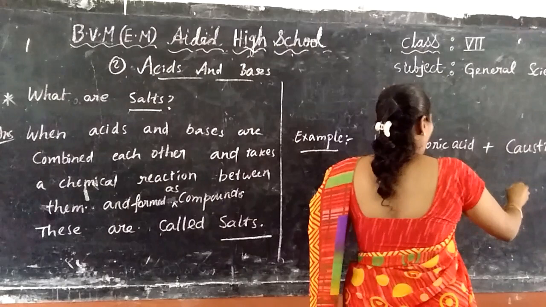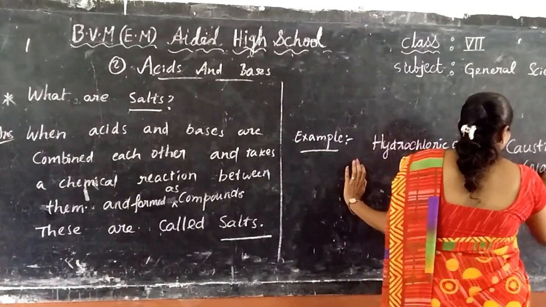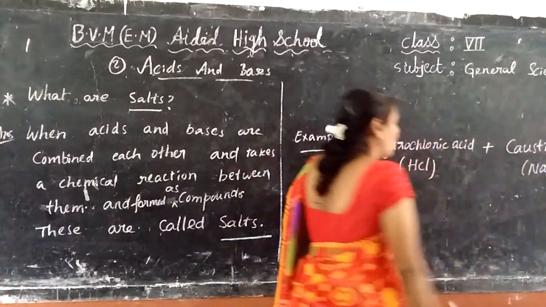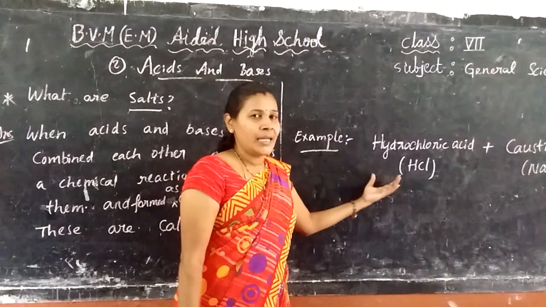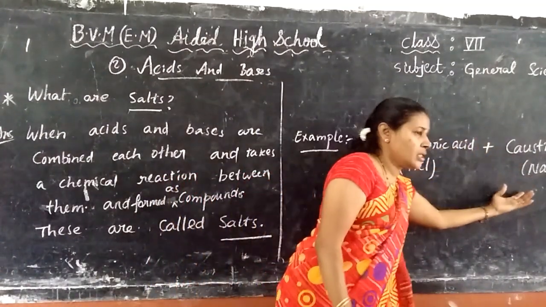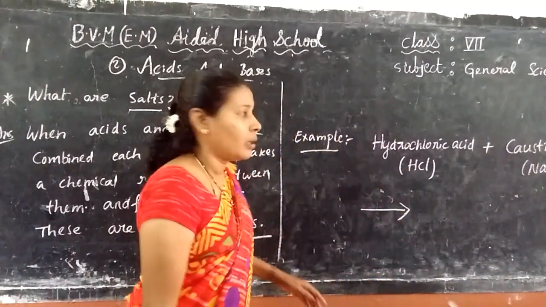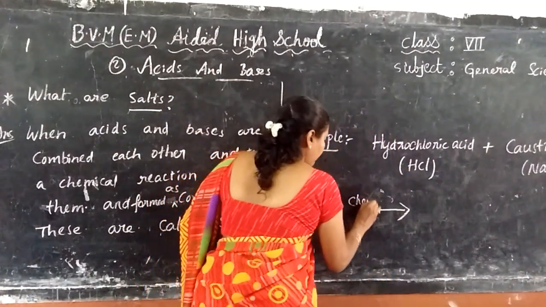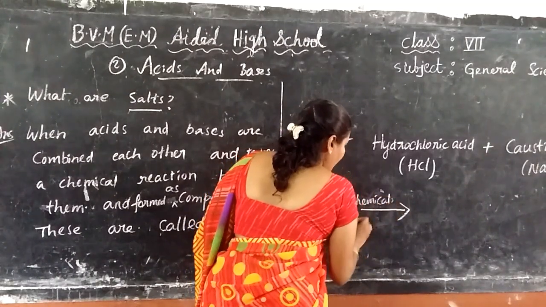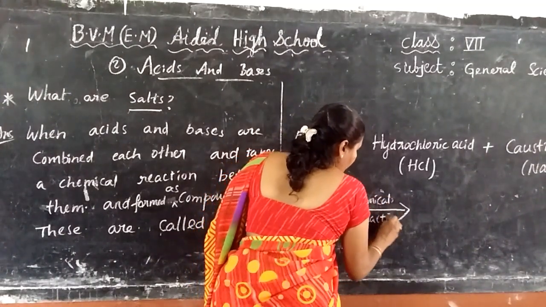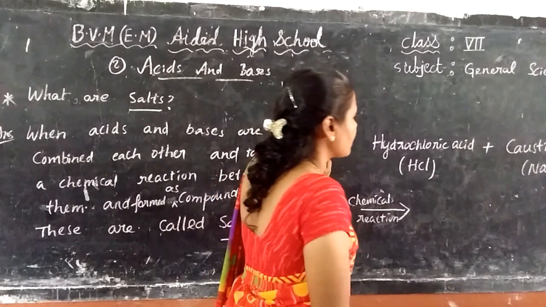The chemical formula of caustic soda is NaOH. When acid and base are combined with each other, a chemical reaction takes place between them. After the chemical reaction, it forms a salt.